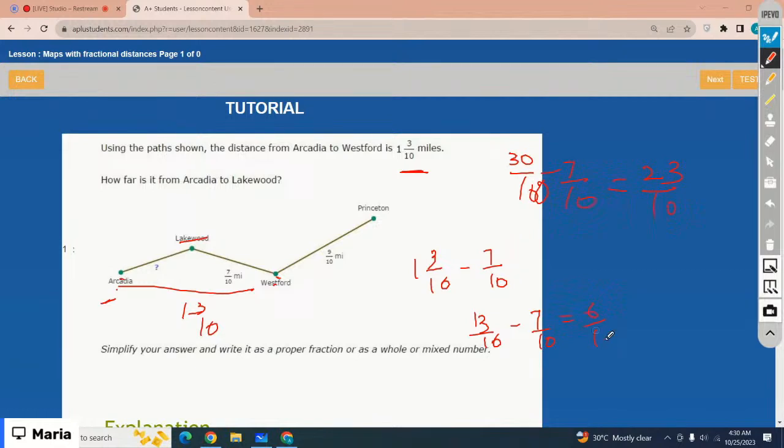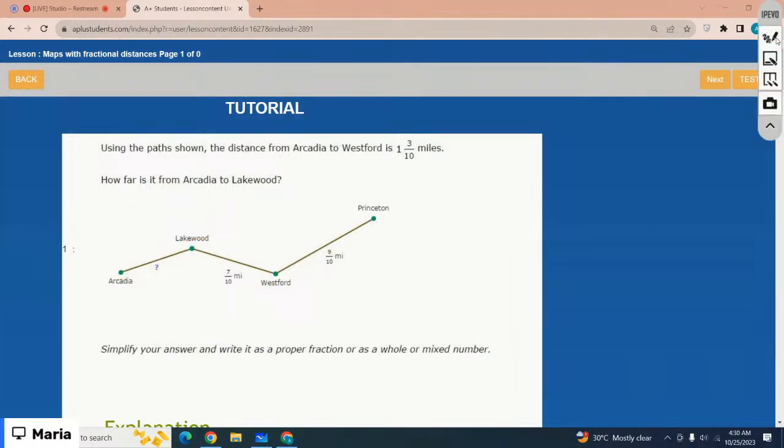So 13 minus 7 is 6 over 10. That means the distance from Arcadia to Lakewood is 6 over 10, right? Let's just start with the test questions.